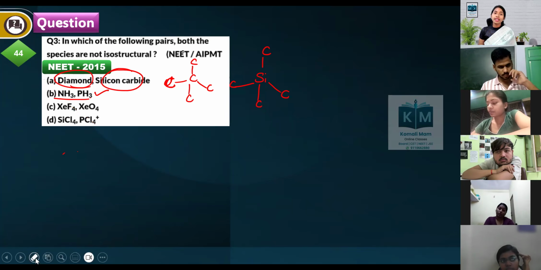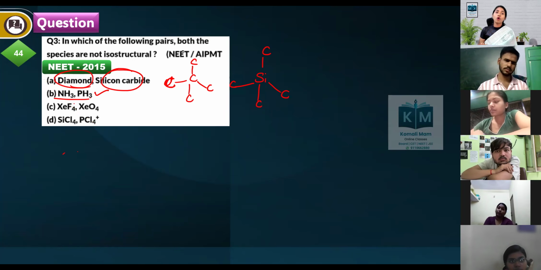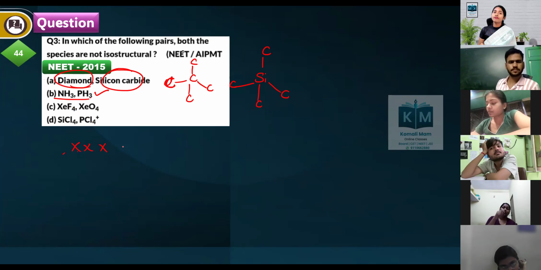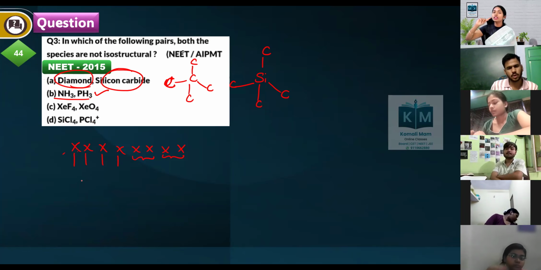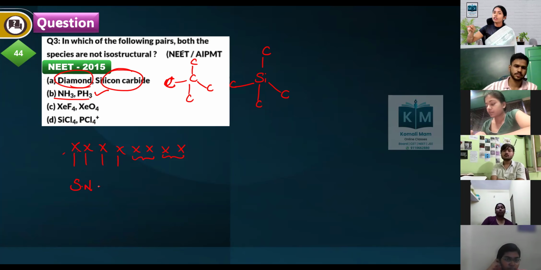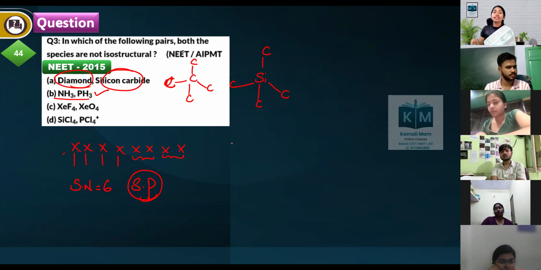Next, XeF4 XeOF4. XeF4, what is the structure? 1 2 3 4 5 6, 1 2 3 4 5 6 7 8. Each fluorine forms 1 bond. 2 electrons as 1 lone pair, 2 electrons as 1 lone pair. Steric number is how much? 6. We calculated already. Square planar it is having.